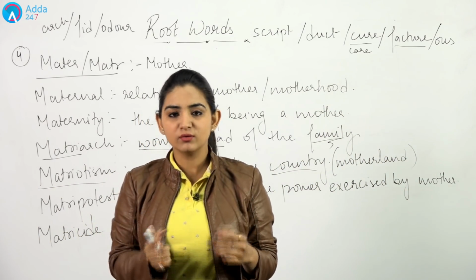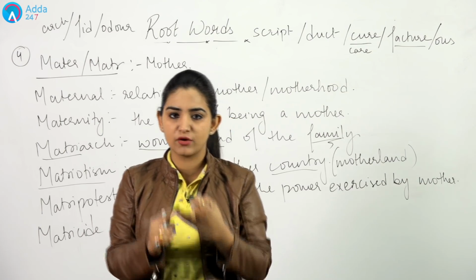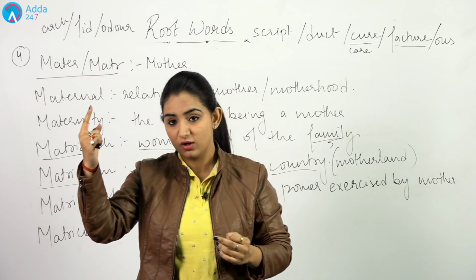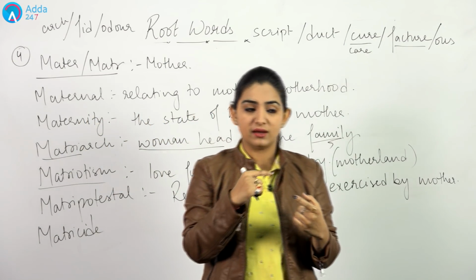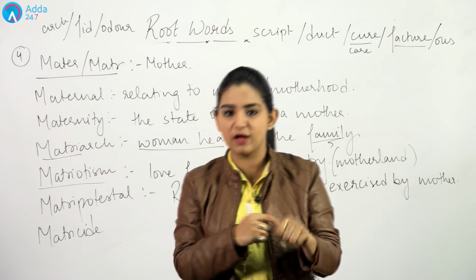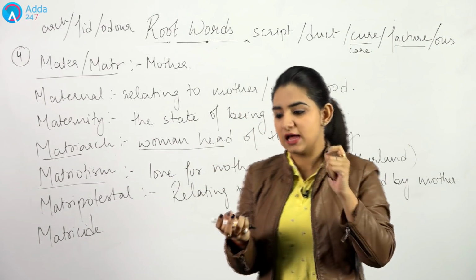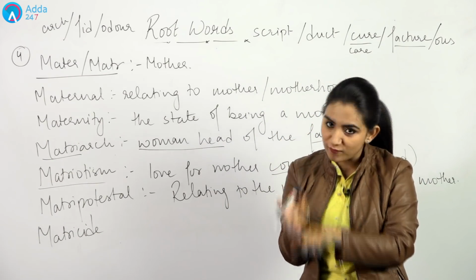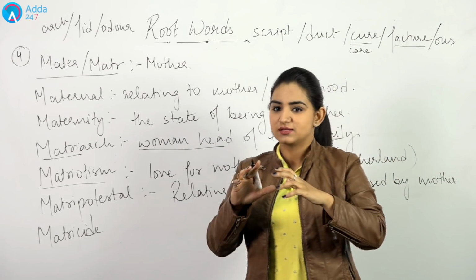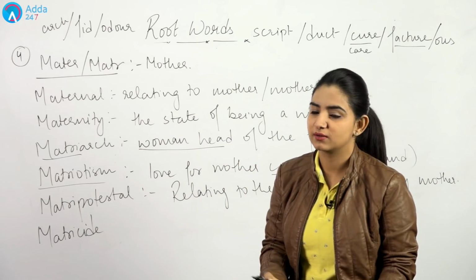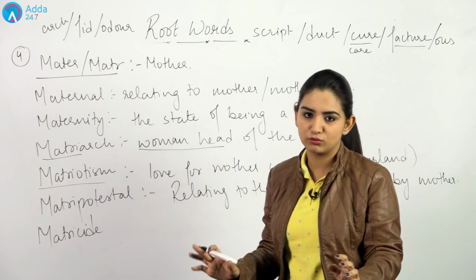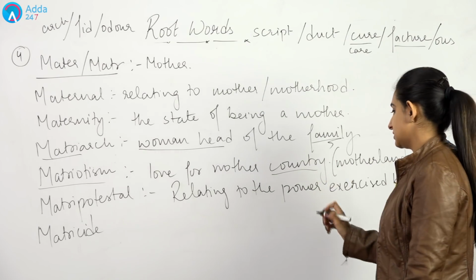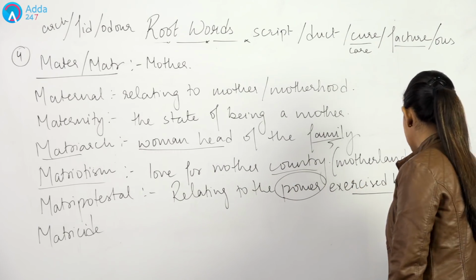Because she's the one who's taking care of the family, she's the one taking care of us, the children, she's the one who's taking care of the bigger children, that is your daddy, and then there are your grandparents, then there are your families and the relatives and all, and then if she's working, she's taking care of the work as well. So she obviously has some supernatural powers, because a common man cannot do all of that, but a mother can, and that is what we mean by matripotestal, the power that is exercised by mother.